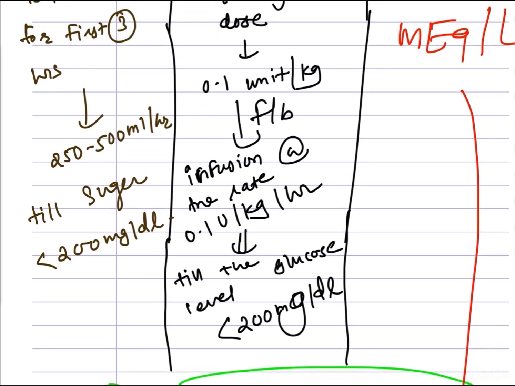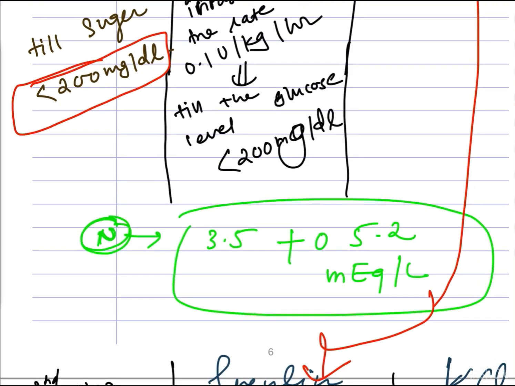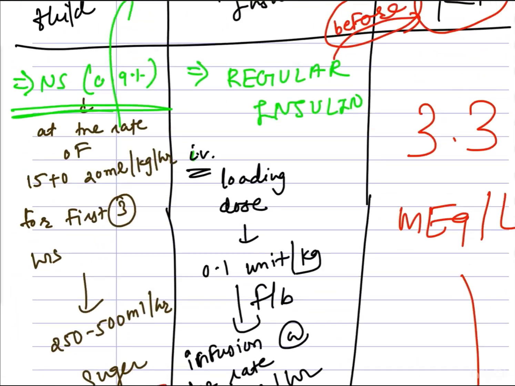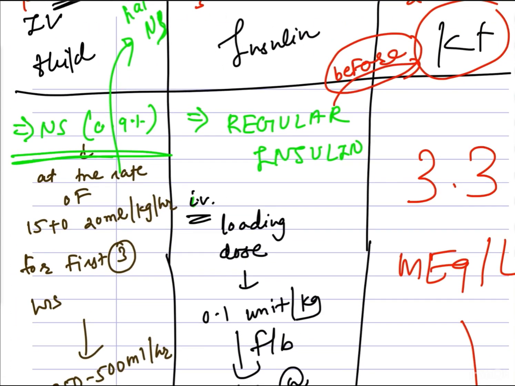So here we have to remember this cutoff 200. Then you have to continue the IV fluid and insulin till we achieve the glucose level below 200.